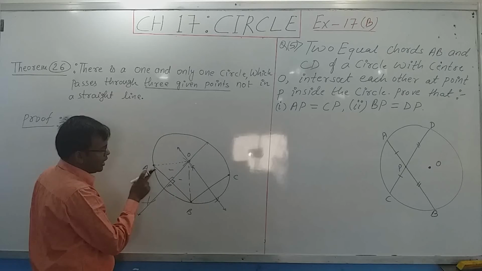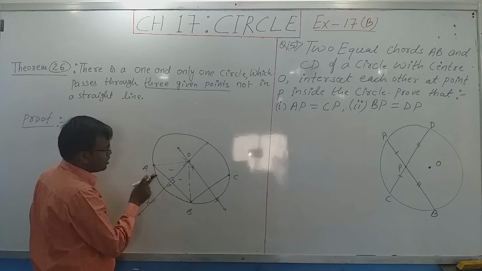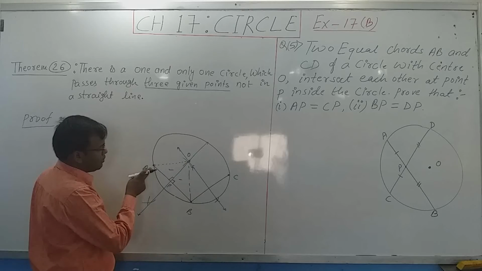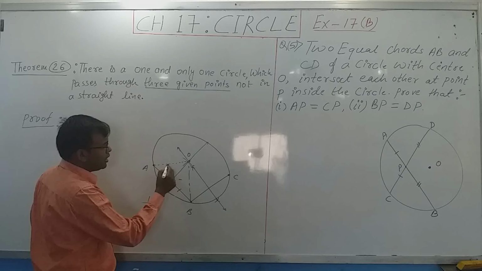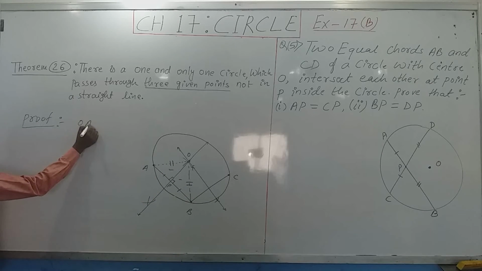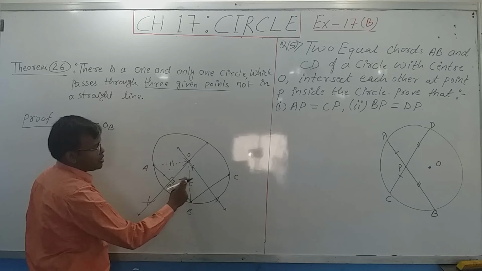Yes or no? And AP is equal to PB since P is the midpoint of AB and OP is a bisector of AB. Therefore, this side is equal to this side. Therefore, OA equals what? OB. Similarly, you prove these two triangles.